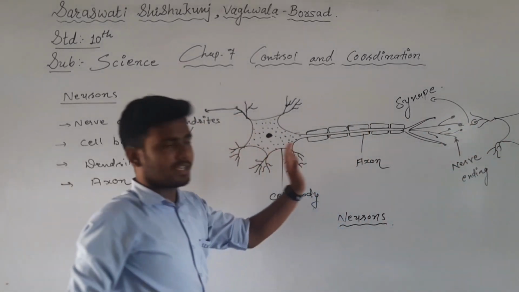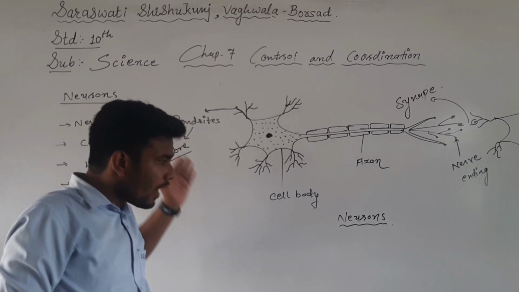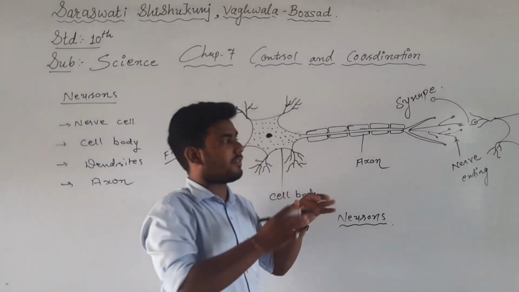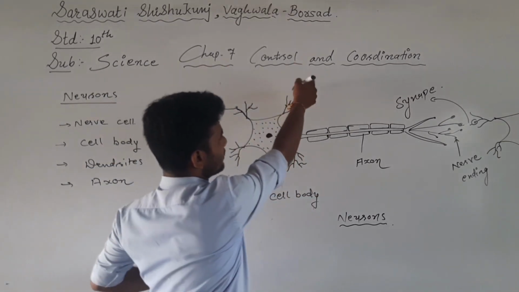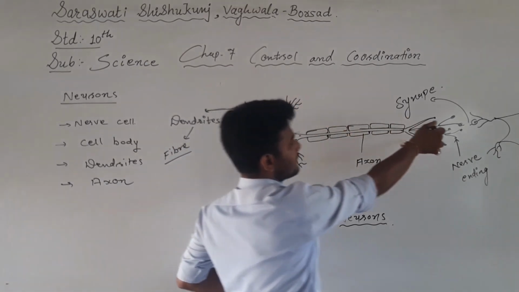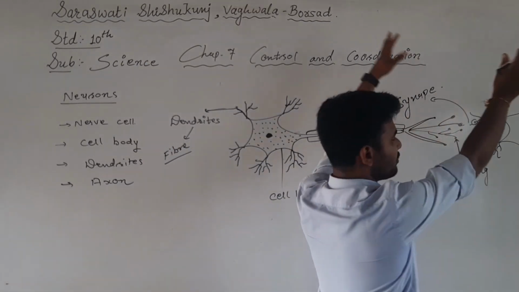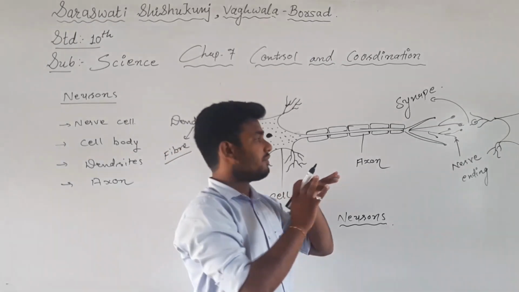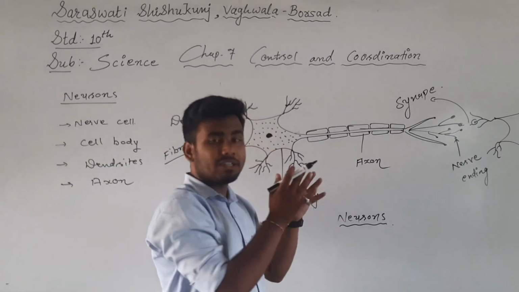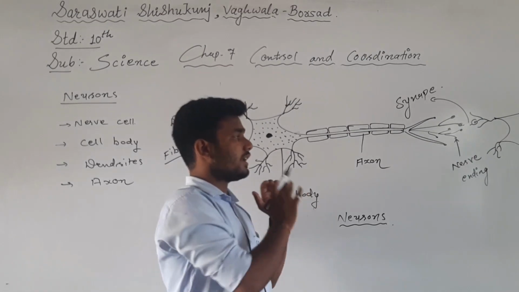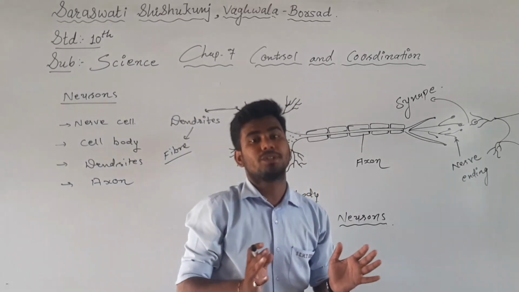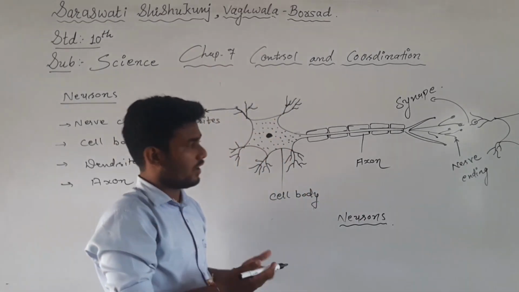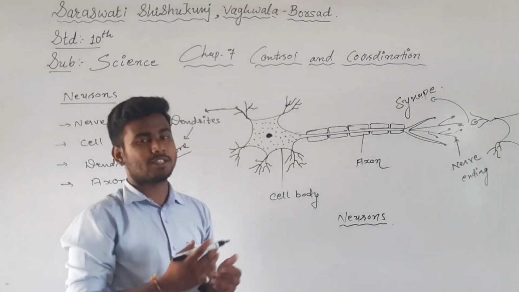This way, the message is conveyed from one neuron to another, and to several other neurons also. The nerve endings can be attached to other neurons, so the message can be conveyed through different nerve cells to nerve tissues, and it will respond according to the stimulus.